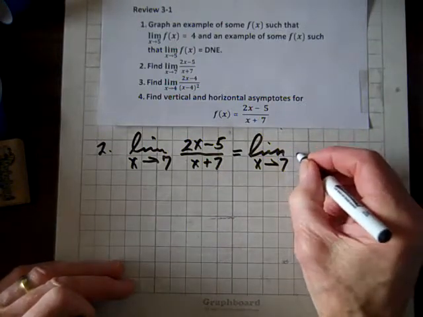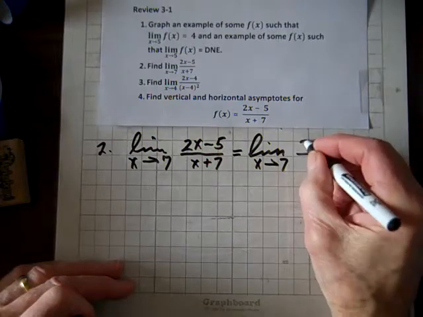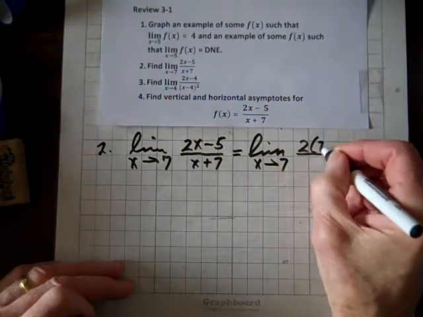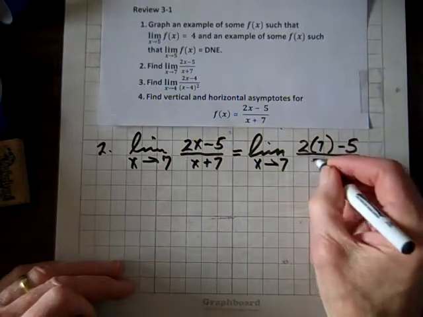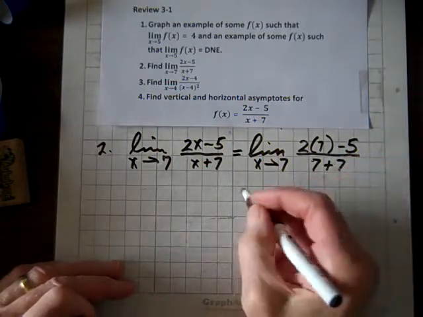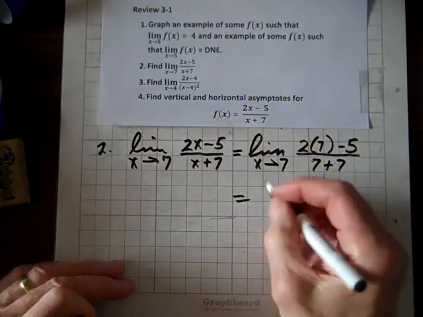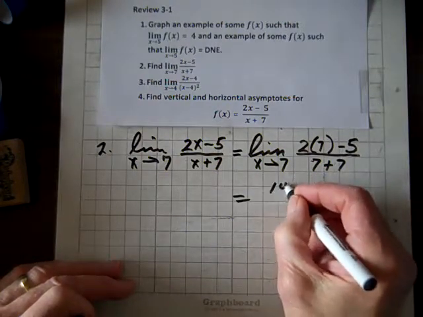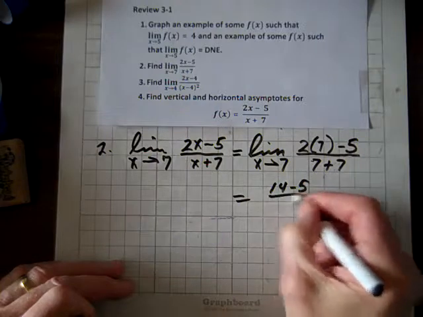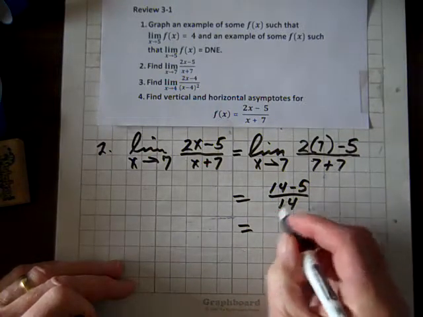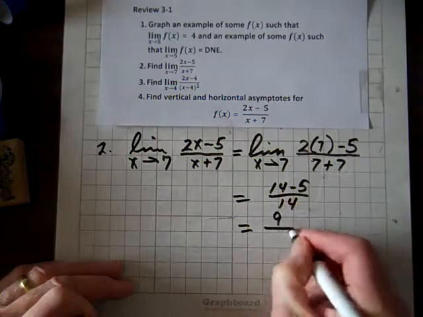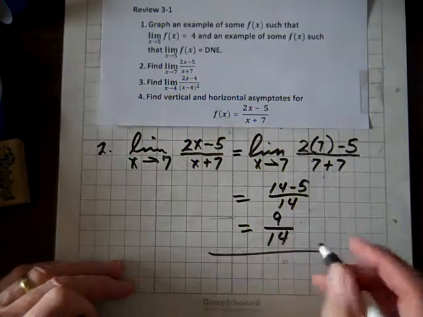So 2 times 7 minus 5 over 7 plus 7, which equals 14 minus 5 over 14, which equals 9 over 14, and we're done.